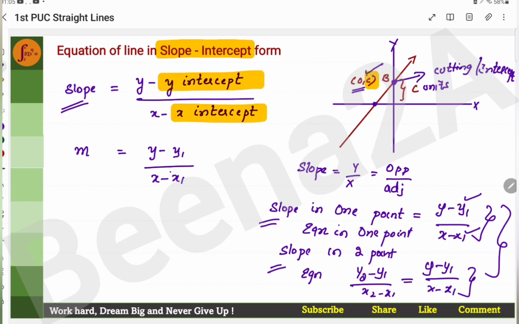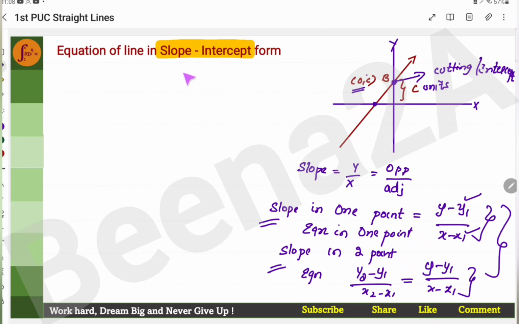So suppose it's cutting the x-axis and the distance is d, for example, right? Say there is no y coordinate here. So it will be d comma 0. The x value is d. So what is the formula that we will use for slope intercept? Again, we are talking about 1 point, so we'll use the 1-point formula. What is the 1-point formula? It is y minus y1 by x minus x1.